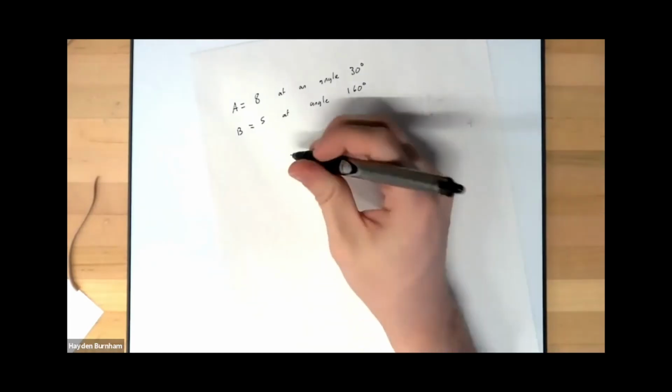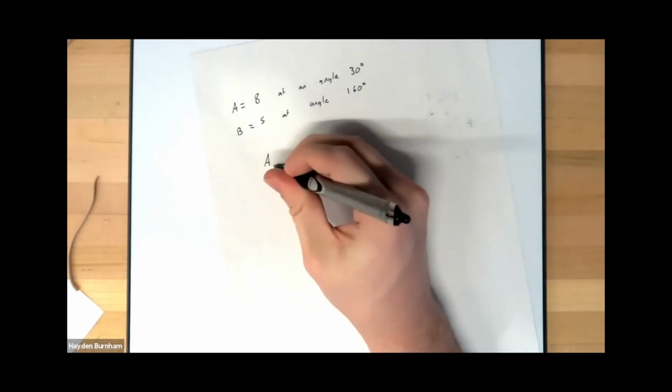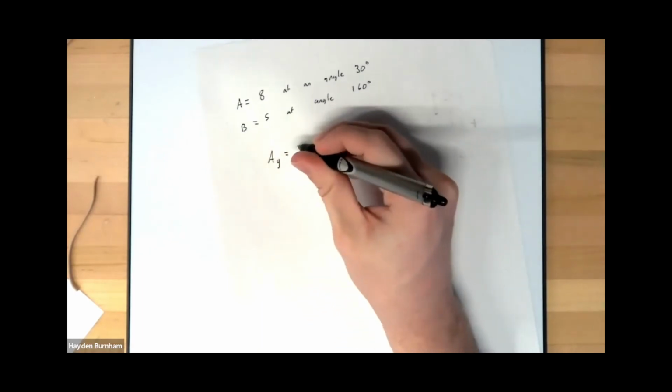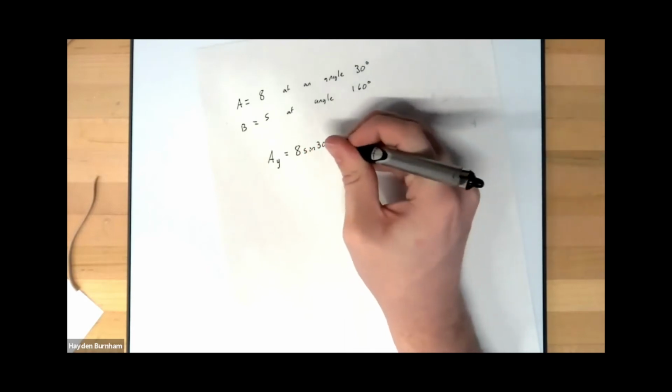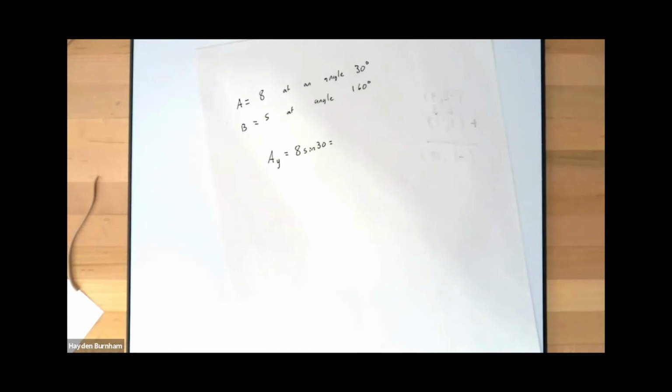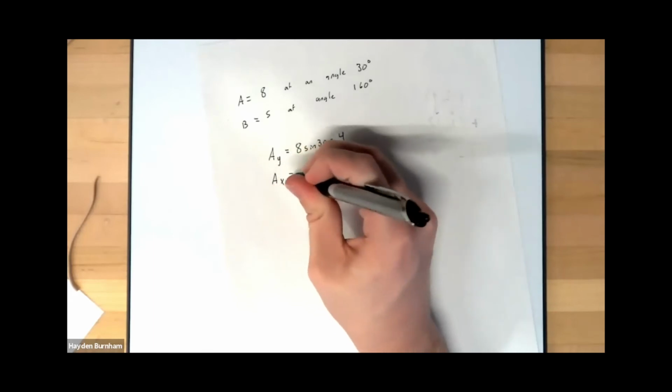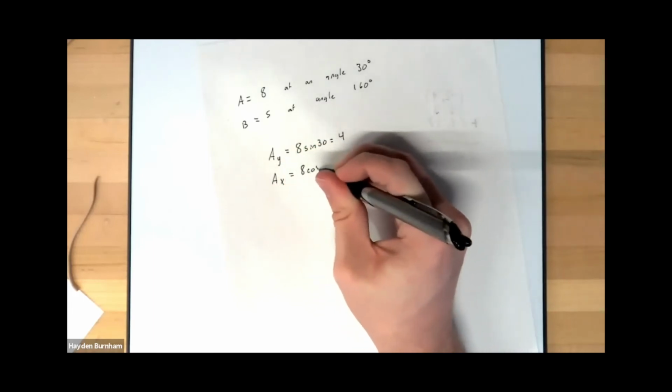For A's y component, we would have 8 times the sine of 30, which I think is going to be 4. I got 4. And then A's x component is 8 times the cosine of 30. I got 6.92.